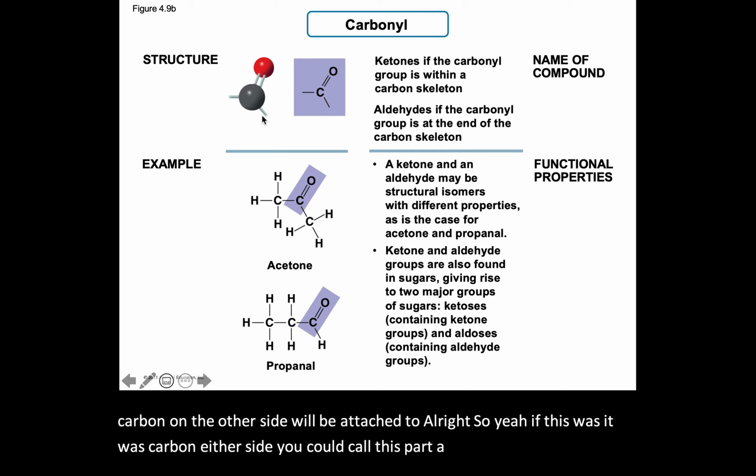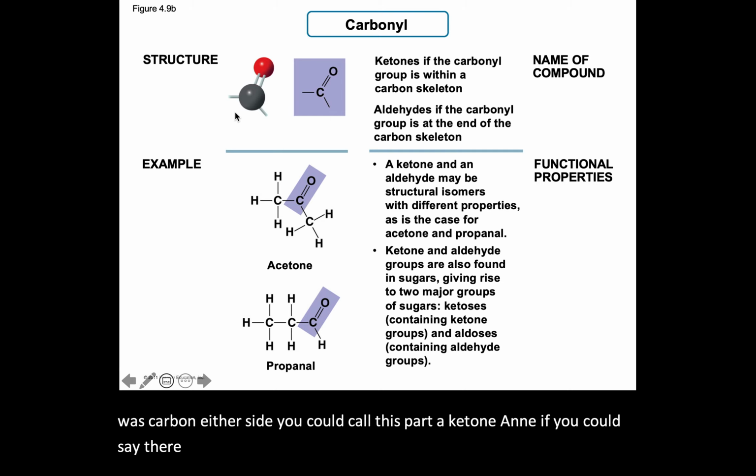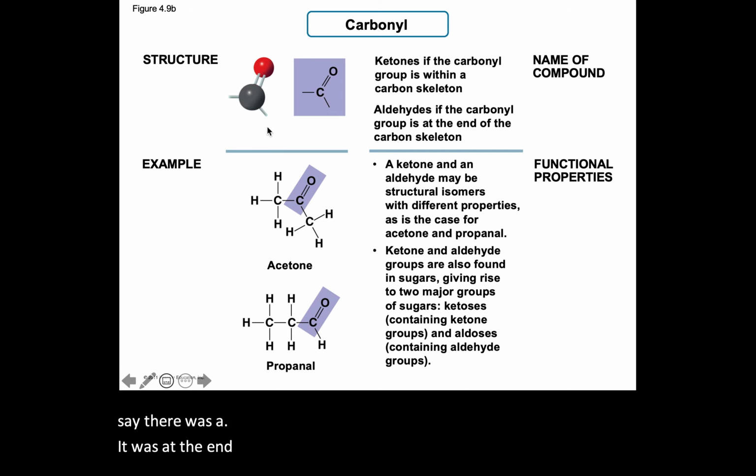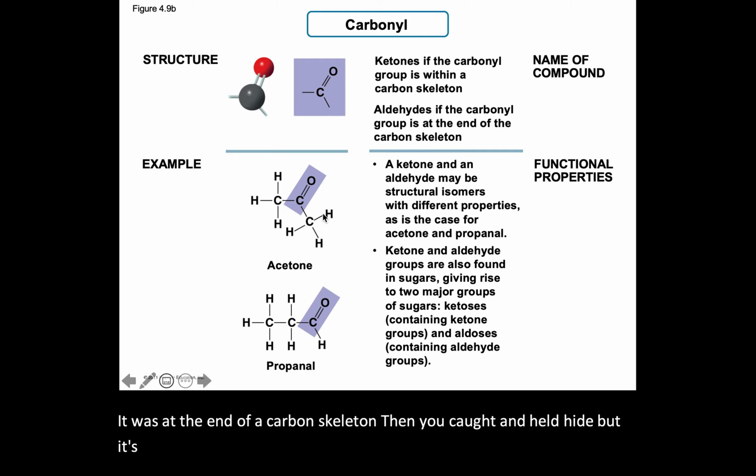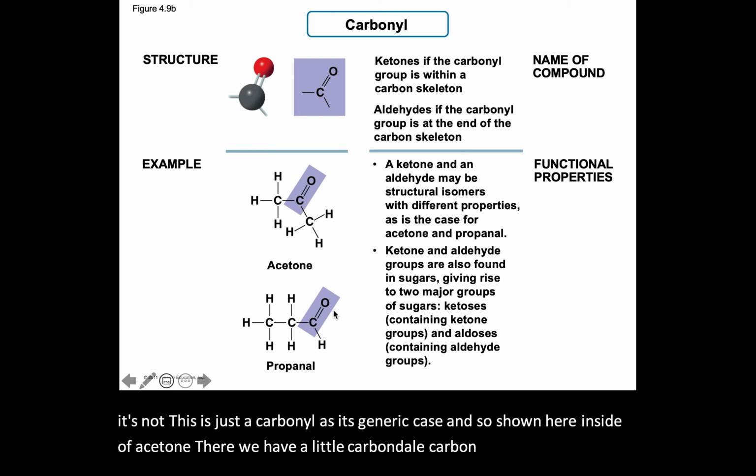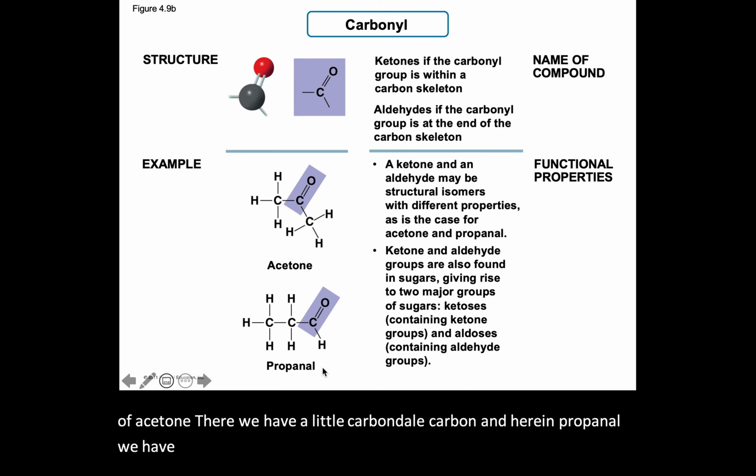And if it's at the end of a carbon skeleton, then you could call it an aldehyde, but it's not. This is just a carbonyl because it's a generic case. And so shown here inside of acetone, there we have a little carbonyl carbon, and here in propanol we have a carbonyl carbon right there.